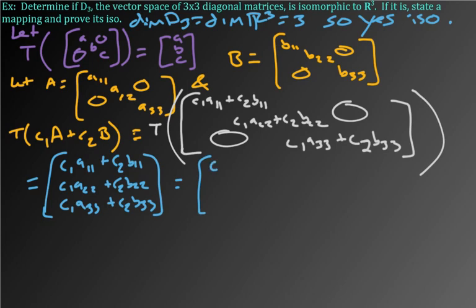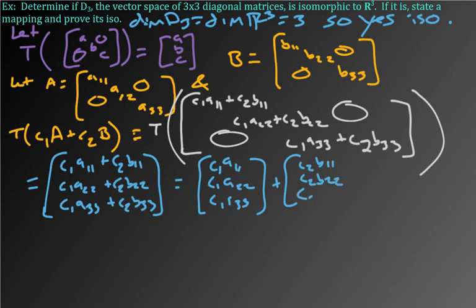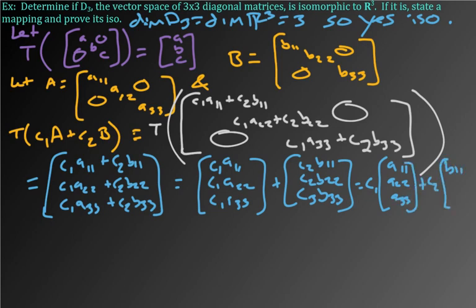So we could split these components into two vectors, plus C2 B11, C2 B22, C3 B33. And then you could pull C1 out, A11, A22, A33, plus C2, B11, B22, B33. And then, of course, that is C1 T of A plus C2 T of B.